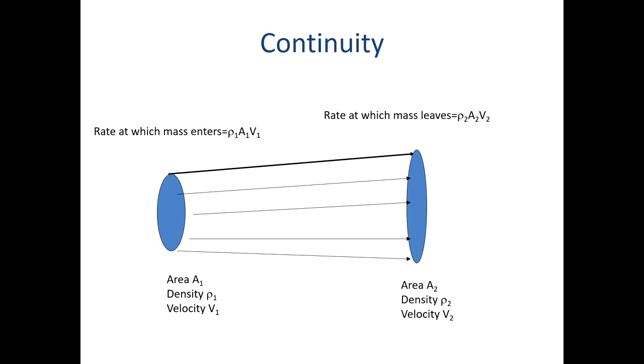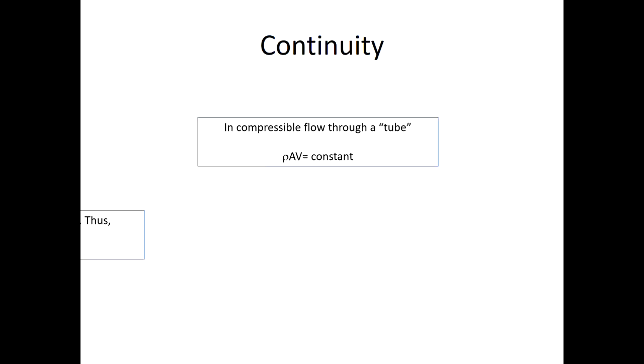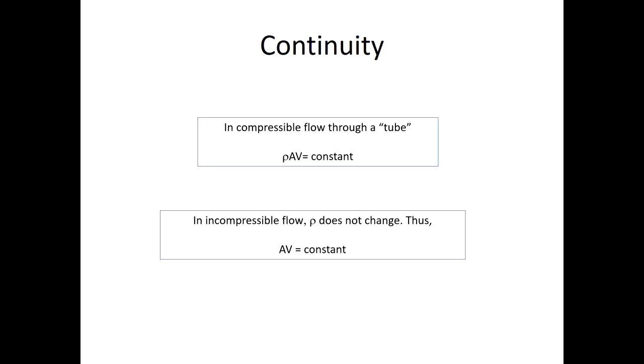If you look at the units, density is kilogram per meter cubed, area is meter squared, velocity is meter per second. So when you multiply all the three, the mass flow rate is kilogram per second coming in. In a steady flow, the same amount must leave to the right boundary. Therefore, mass cannot be removed or destroyed.